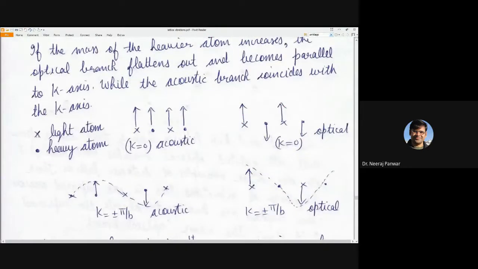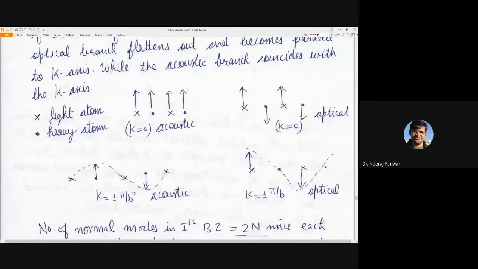If we represent the light atom by this cross symbol and the heavier atom by this filled circle, then for the acoustic branch near the center of the zone boundary, the two atoms are vibrating in phase. That's why the arrow shows the direction of vibration. However, near k equal to 0 for the optical branch, the two atoms or ions are vibrating opposite to each other.